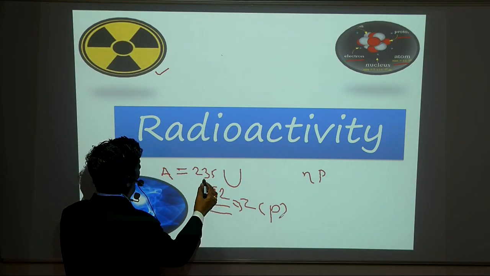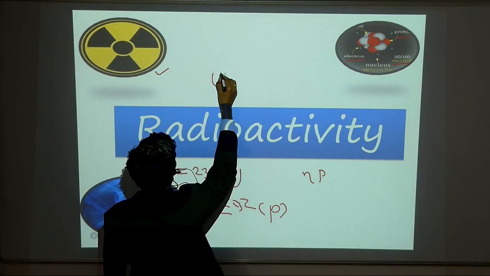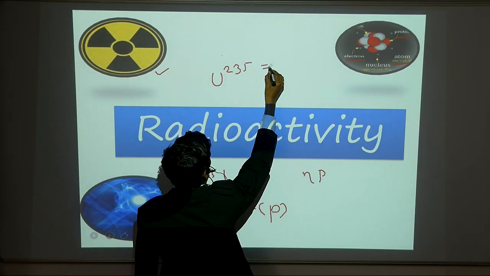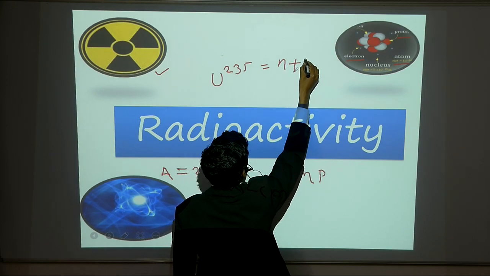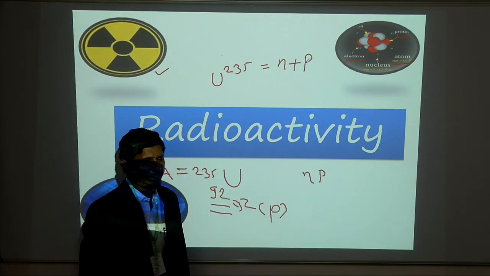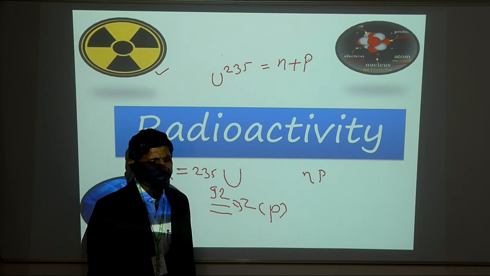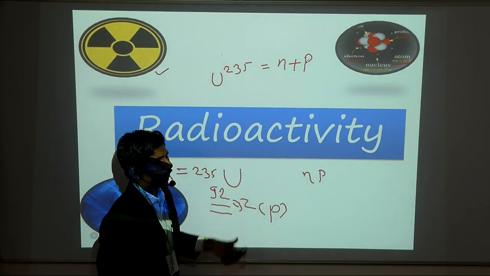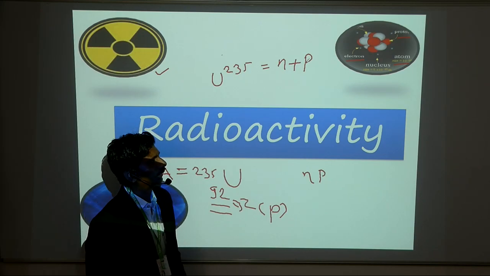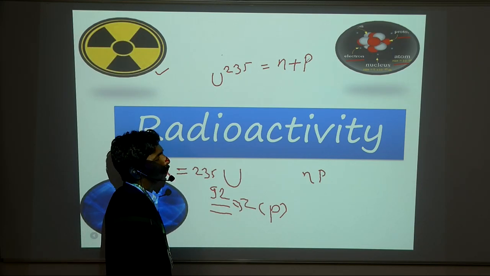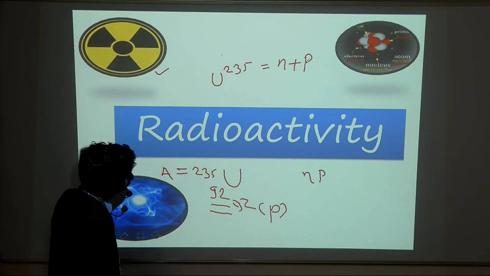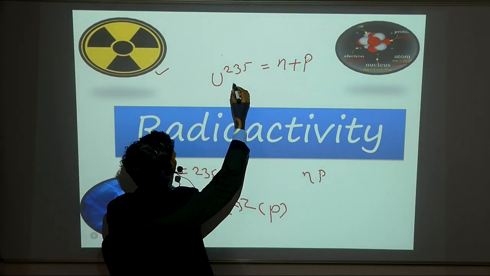And 235 represents the sum of the number of protons and neutrons, the atomic mass number, that is, n plus p. Then what is the number of neutrons?